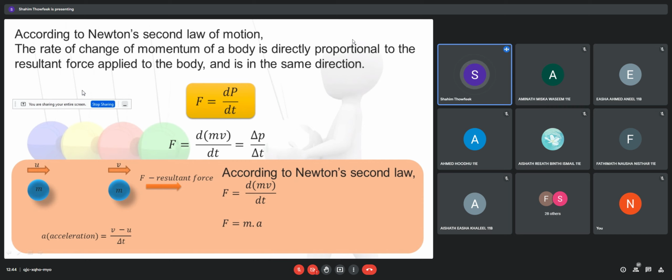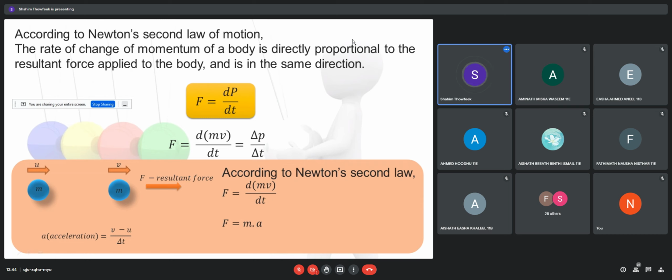According to Newton's second law of motion, the rate of change of momentum of a body is directly proportional to the resultant force applied to the body and is in the same direction. First of all, don't worry about the rate of change. First of all, what is the change in momentum? Change of momentum.